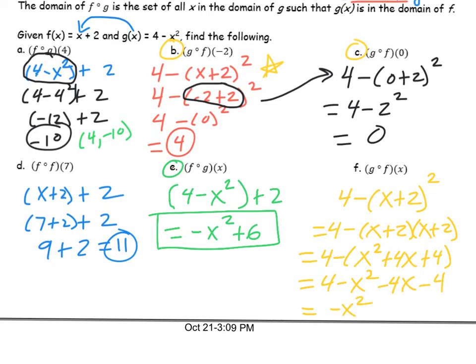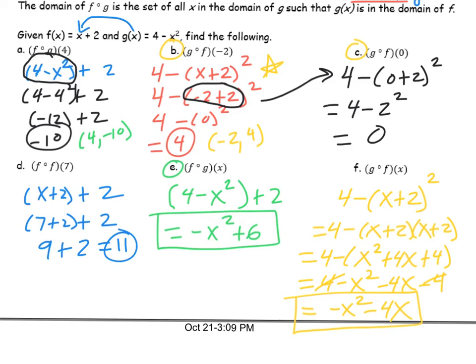I have an x squared term. I have an x term. I have a 4 and a negative 4, so the constants will cancel, and there we go, okay? And again, even though I didn't simplify it on B and C, that's the function that I was working with, right? I saw up here that when you plug negative 2 into that function, you get 4.